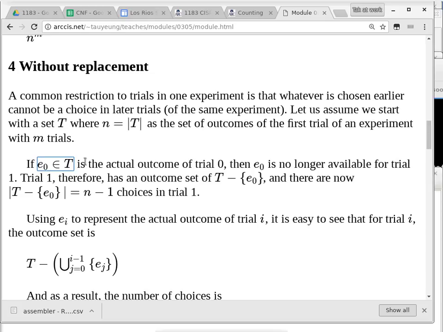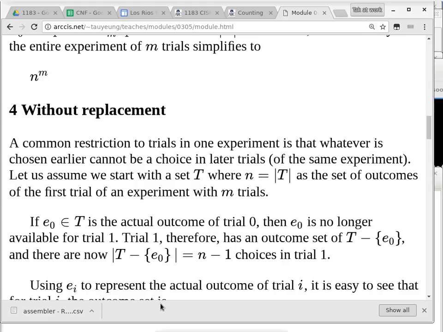Is that okay? So using this method, we can now say that, using E subscript I to represent the actual outcome of trial I, then for trial I, the outcome set is going to be this. So let's take a look at this expression here.